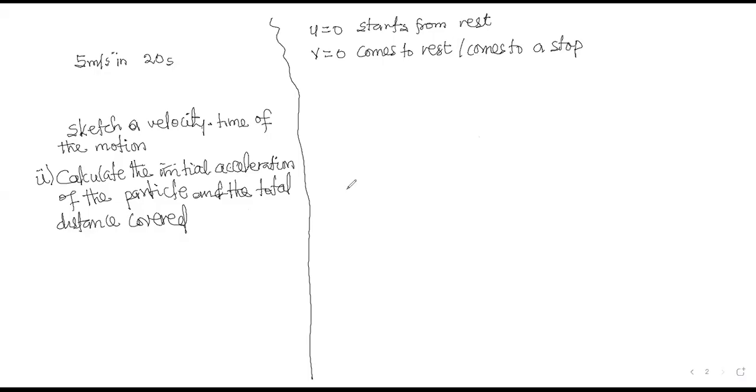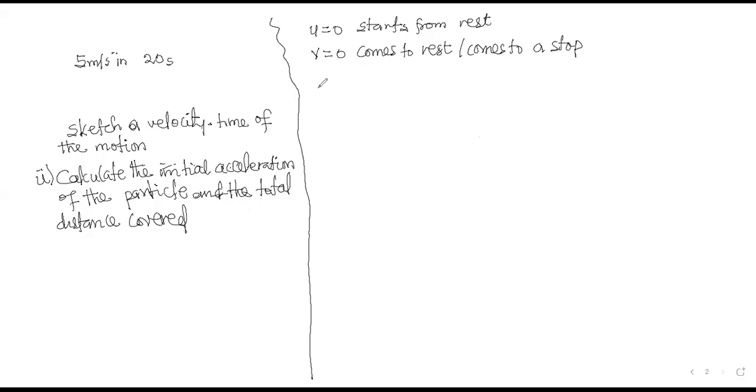So a particle starts from rest and accelerates to a velocity of 5 meters per second, meaning when its initial velocity is 0, it increases speed gradually till it attains a final speed of 5.